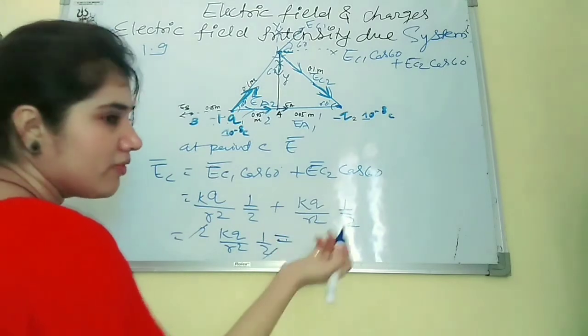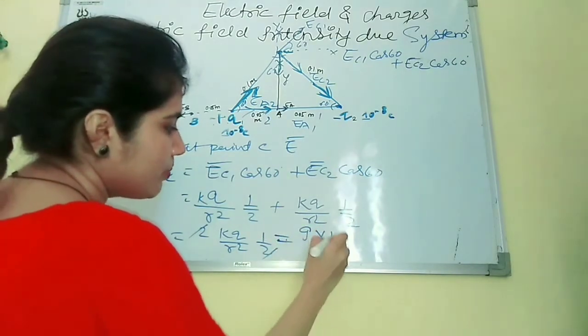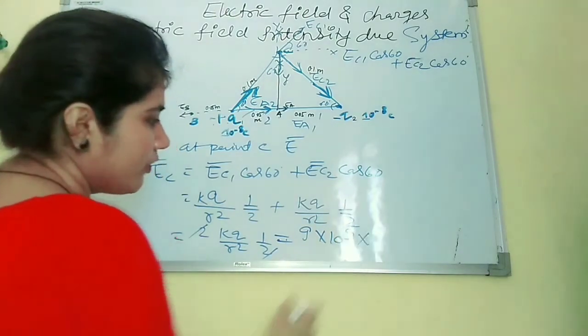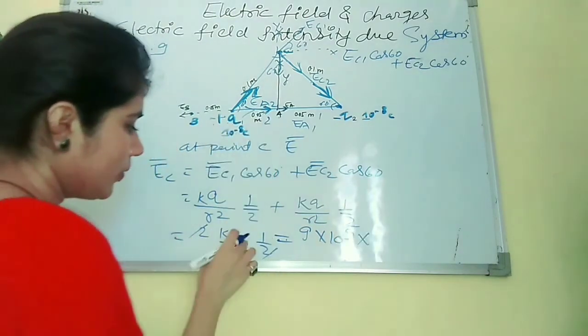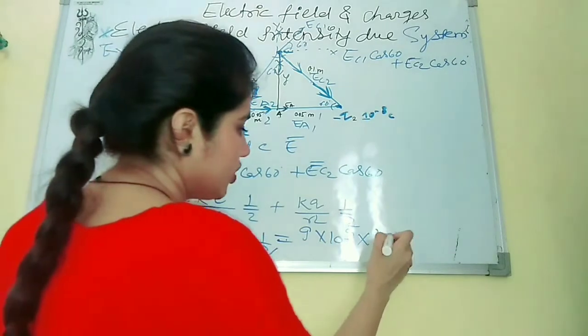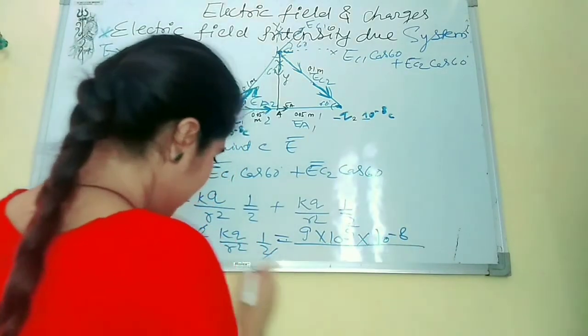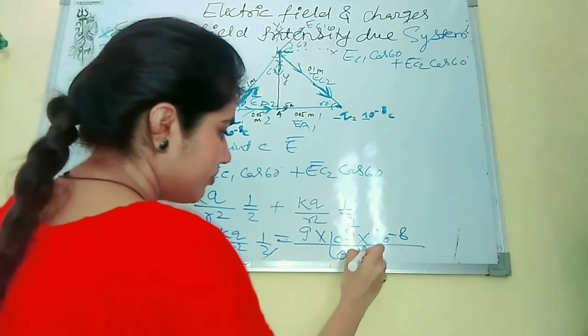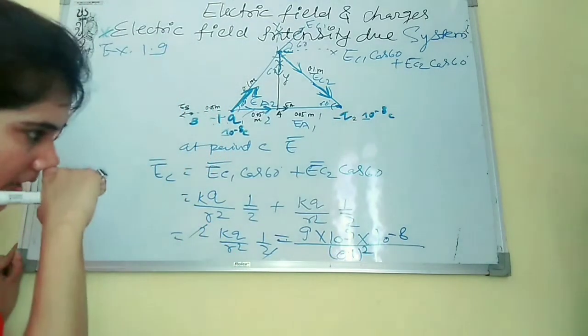The value of k is 9 into 10 to the power 9, q is 10 to the power minus 8 coulomb, and r is 0.1 meter, so 0.1 square.